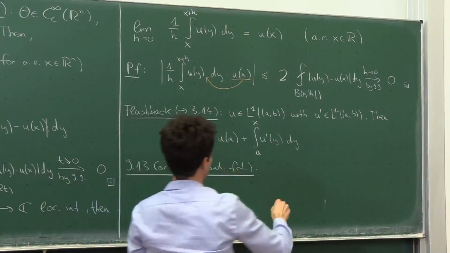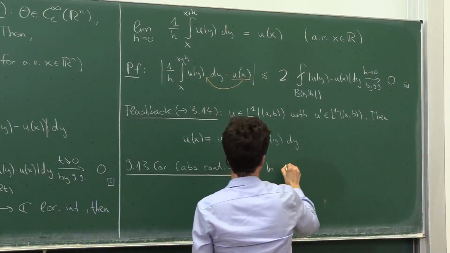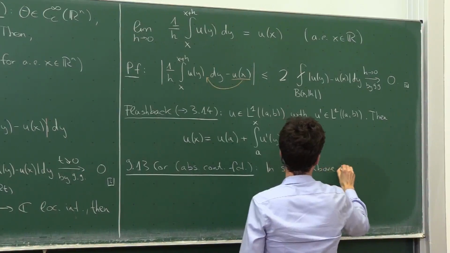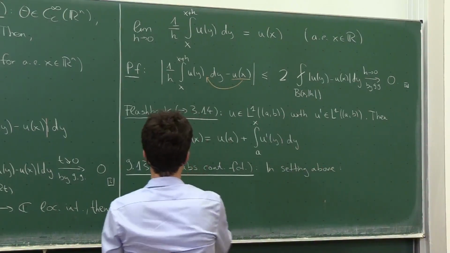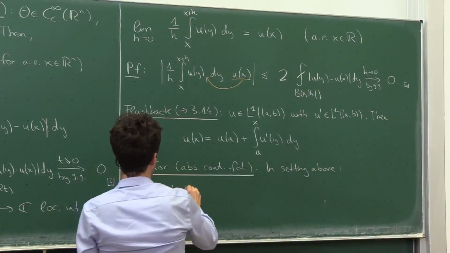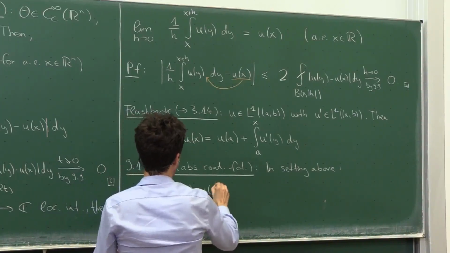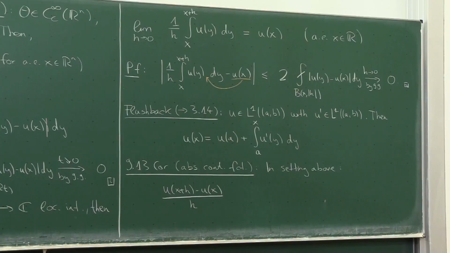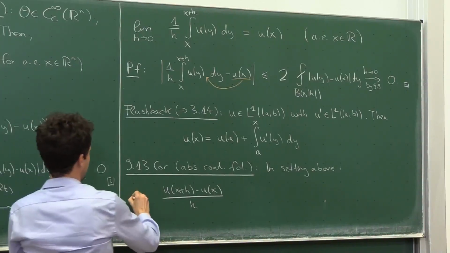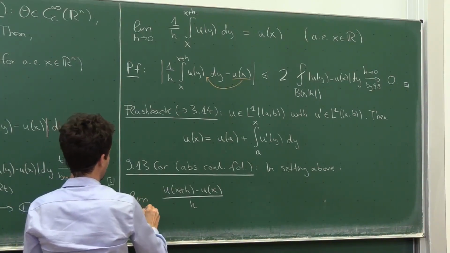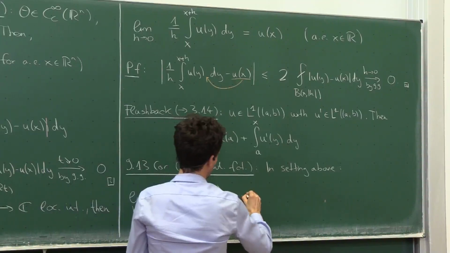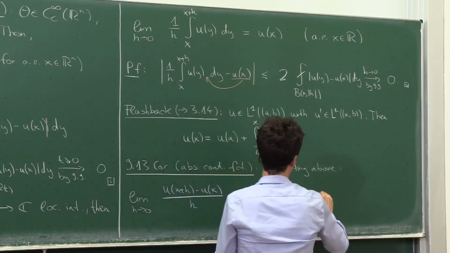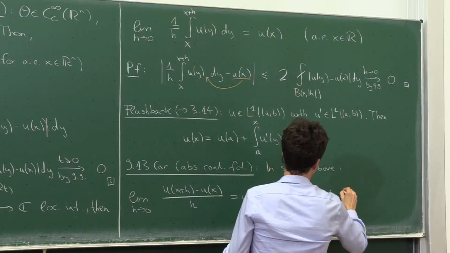Okay, and so in the setting above, I can look at u of x plus h minus u of x for this Sobolev function, and I divide it by h, and then as h goes to 0, this is going to give me back u prime of x for almost every x in (a,b).